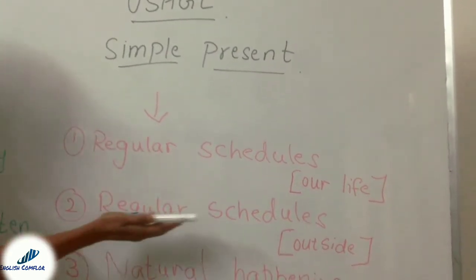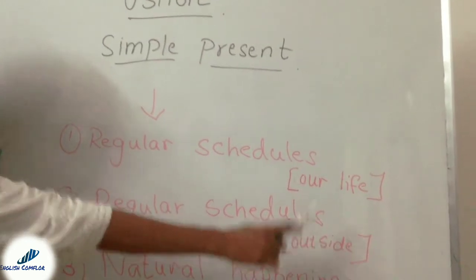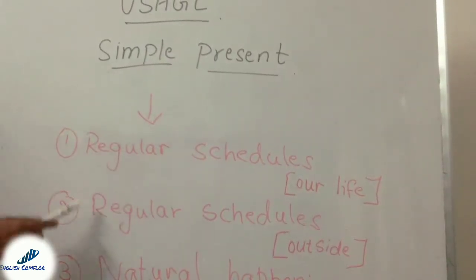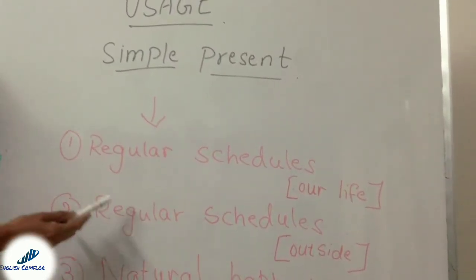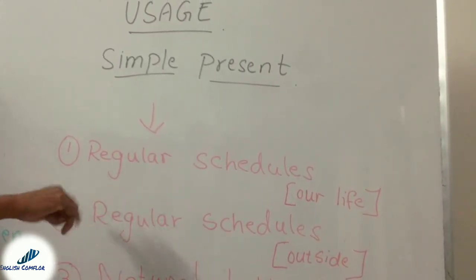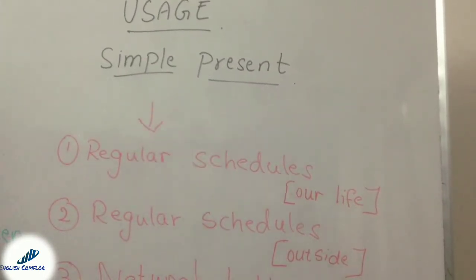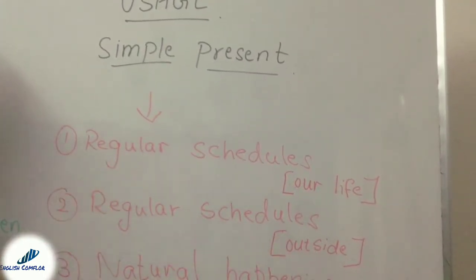Now regular schedules in the outside world. For example, the office gets over by 9:30. The school starts at 8:30. The flight takes off at 7:30, like that.